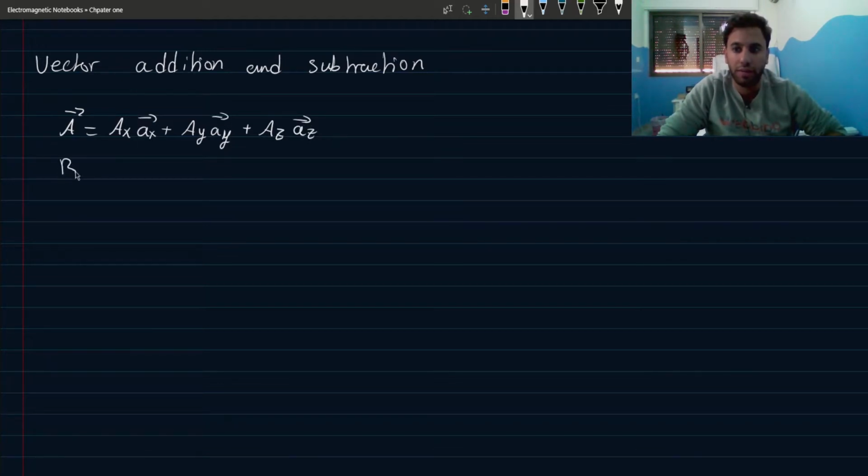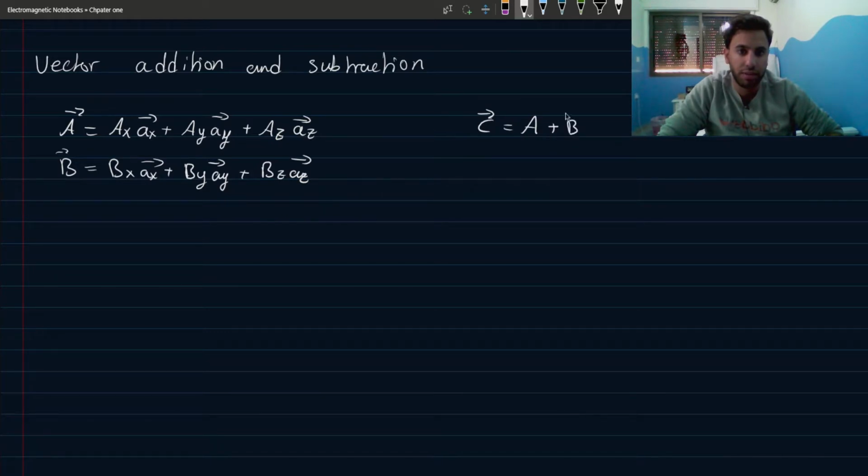And we have a vector B, which has a component in the x direction, a component in the y direction, and a component in the z direction. And we want to find vector C, which is equal to A plus B.